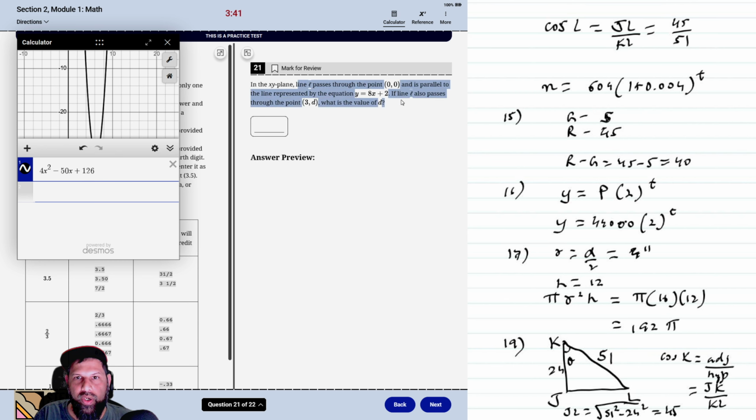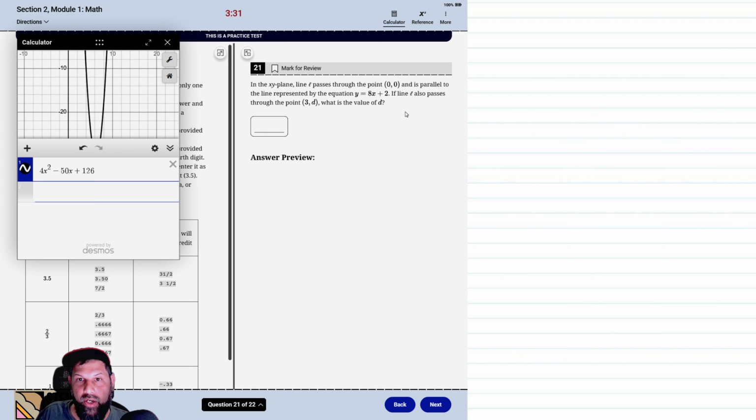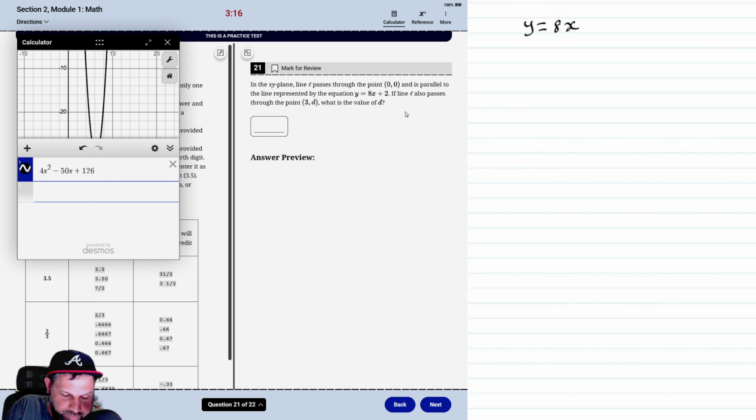Line L passes through the point 0, 0 and is parallel to the line represented by the equation 8x plus 2, and line L also passes through 3 comma D. If it's parallel, then the other line also has the same slope, and we just need to find the value of b, which is the y-intercept.